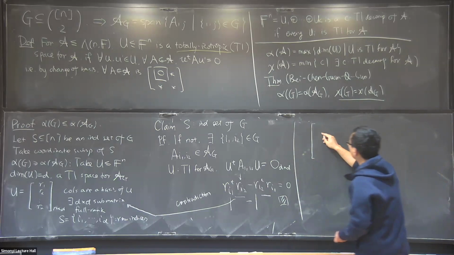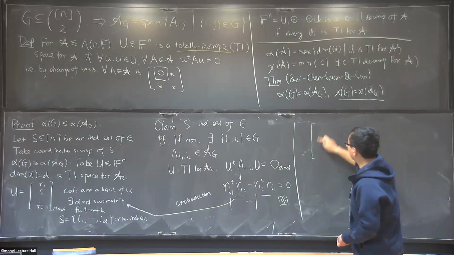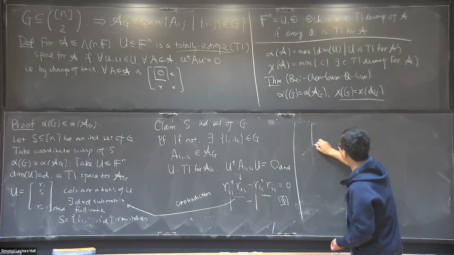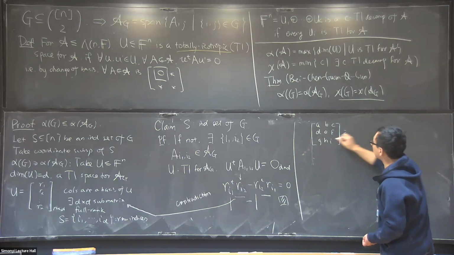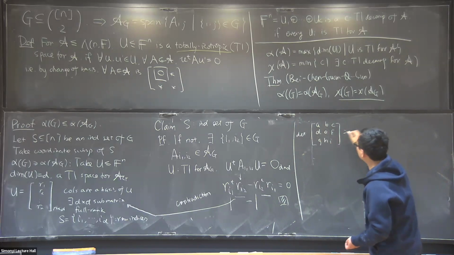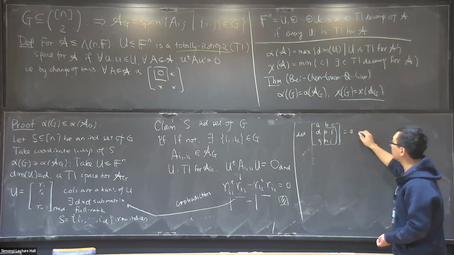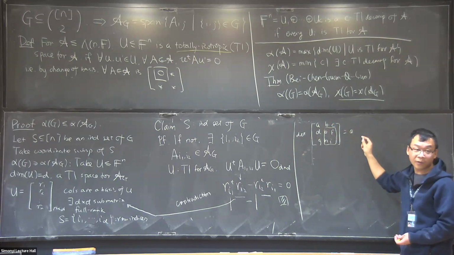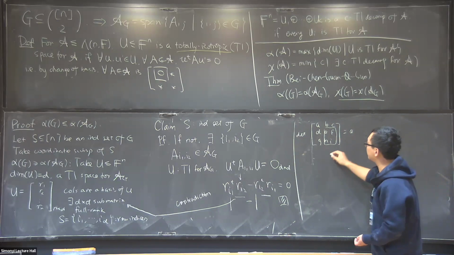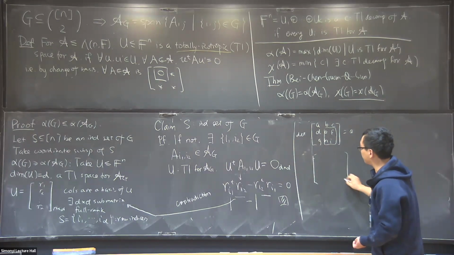Suppose, for example, let me just use 3 by 3. Maybe a, b, c, d, e, f, g, h, i, right? Then the determinant of this thing equals a times the determinant of this submatrix and so on. So this is the row expansion of the determinant. But Laplace expansion is essentially saying that you can do this blockwise.